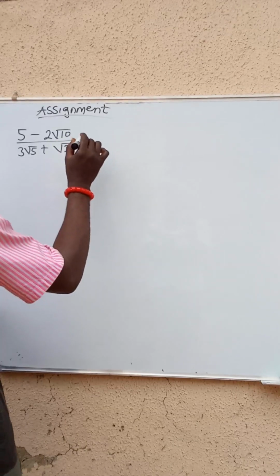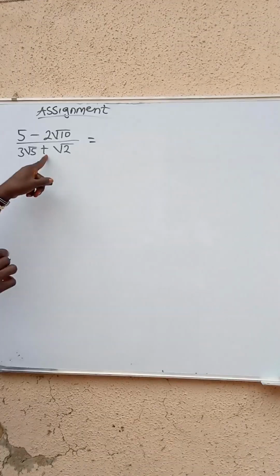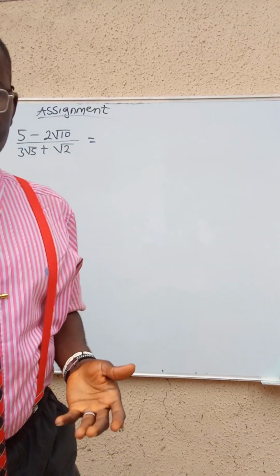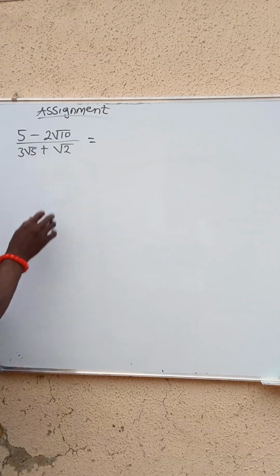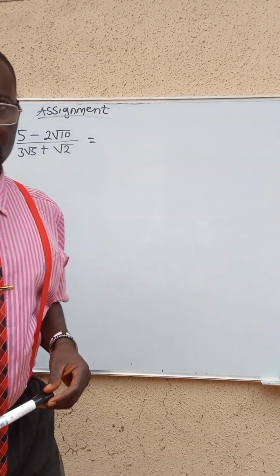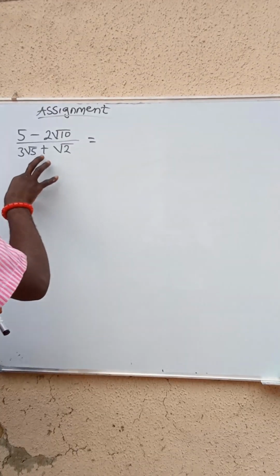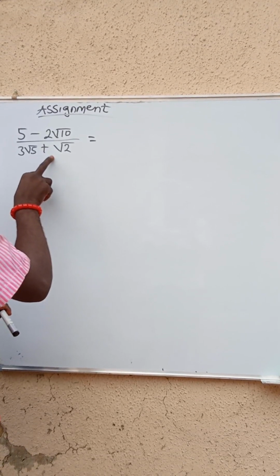We said that if we have something like this, that means we are to rationalize. And when we talk of rationalization, we are talking of making the denominator without roots. And how do we do that? This plus here, you change the plus sign, it will be minus. Opposite of plus will be minus.